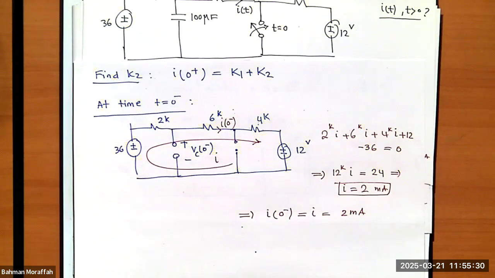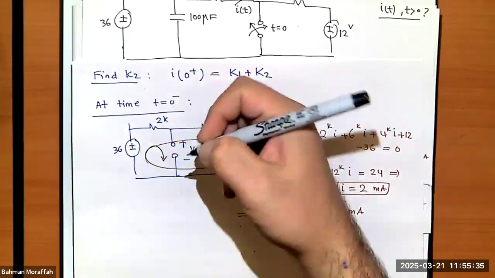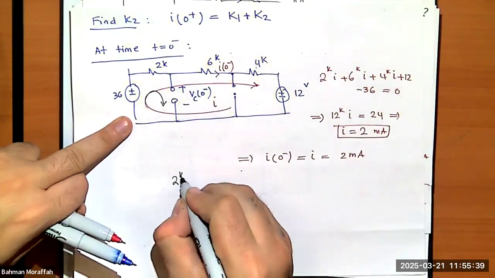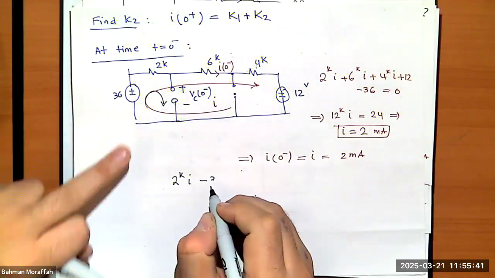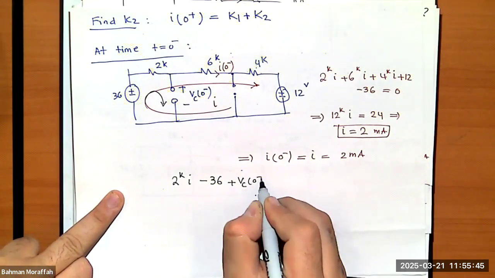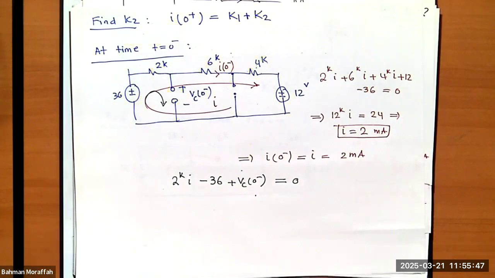How do I find VC at time 0 negative? Well, I'm just going to write a little KVL over here. Right? So if I write it, I have 2 times I minus 36 plus VC 0 negative. That must be 0.